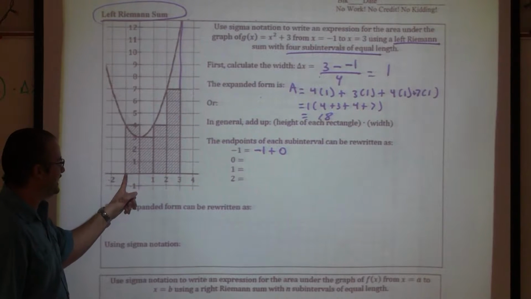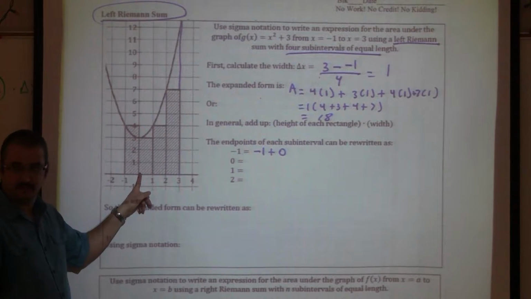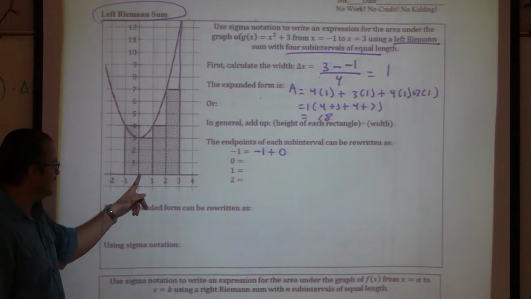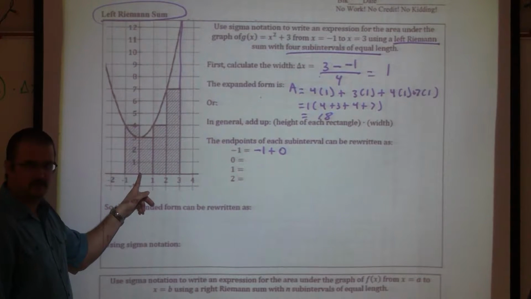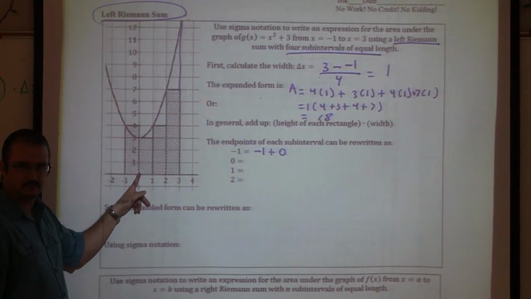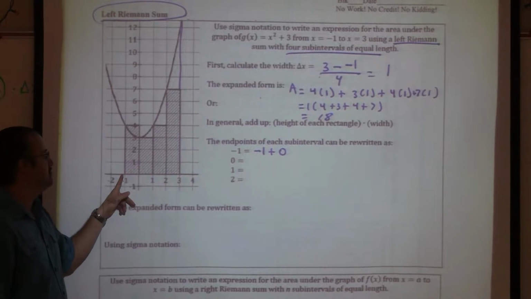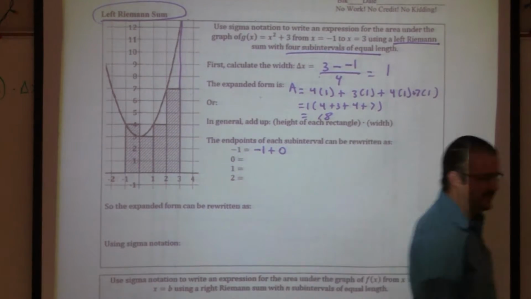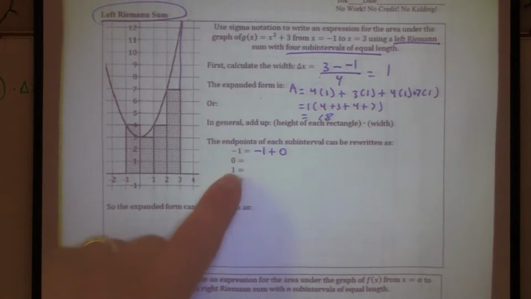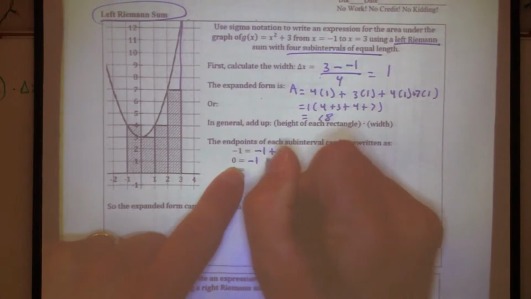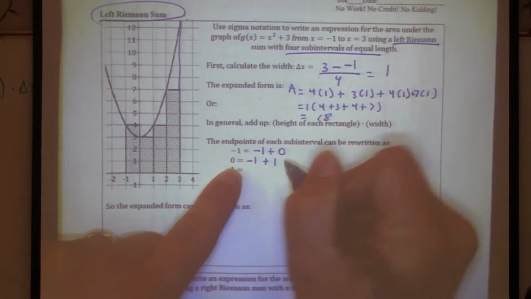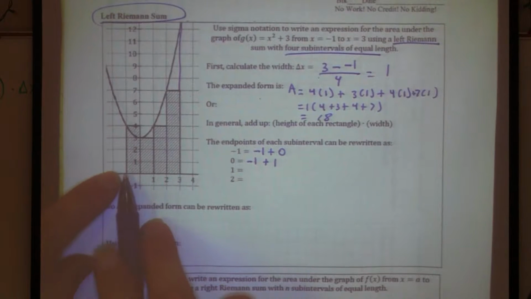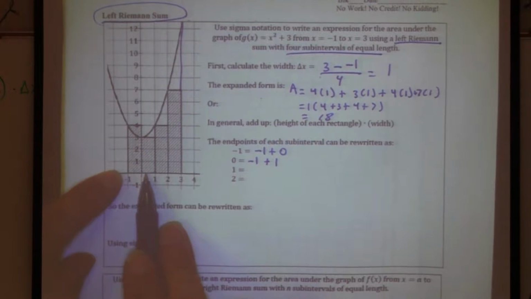If I add delta x, it gets me to 0. How can I come back over here? Take away delta x? Think about that. If I want to get to 0 and I'm at -1, what do I have to do? Plus 1? That's really like adding how many delta x's?